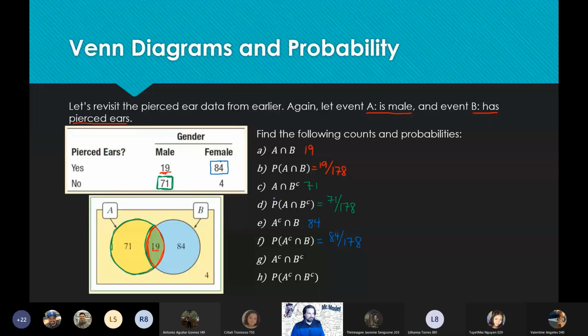So last one, or last pair, we're looking at, oh, what color do I want? There. A complement and B complement. We already established A complement is female. What is B complement?